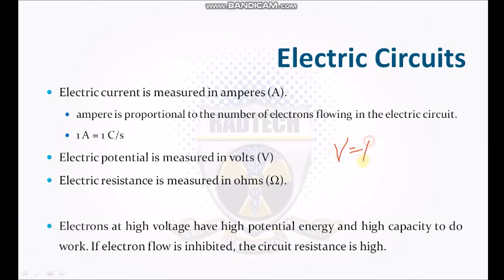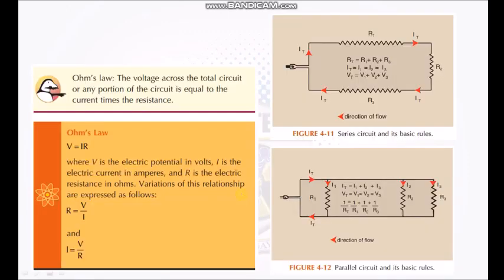Let's write that here: V equals IR. I is measured in amperes, then R is measured in ohms. Volts equals the value of your current times the value of your resistance, which would result in your voltage.